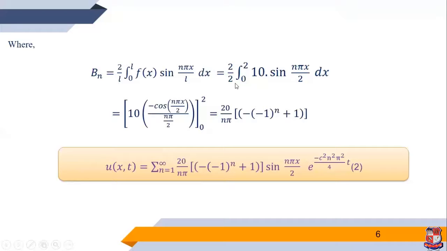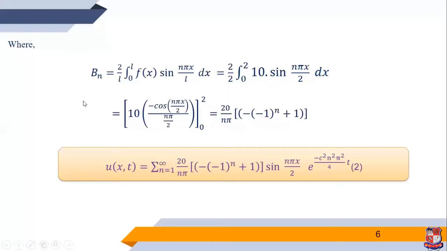So 2 cancels. So 10, and the integration of sin(n pi x by 2) is nothing but minus cos(n pi x by 2) divided by n pi by 2. Here the integration limit is 0 to 2. Therefore the calculation of this term is 20 by n pi, 1 minus minus 1 raised to n.